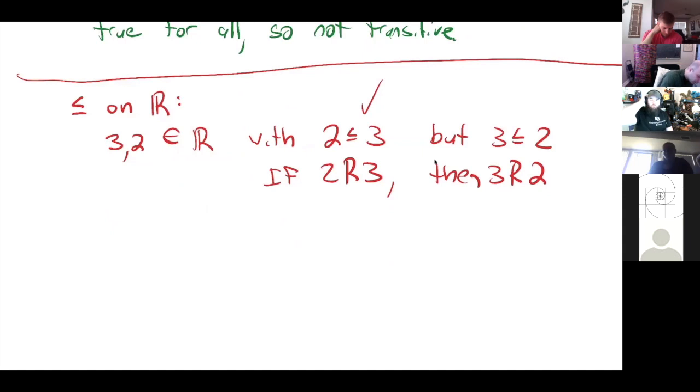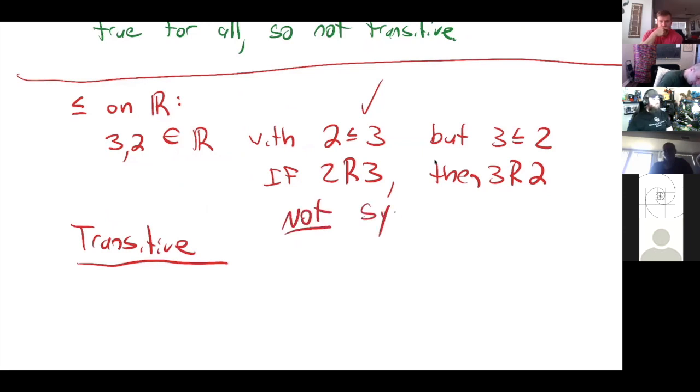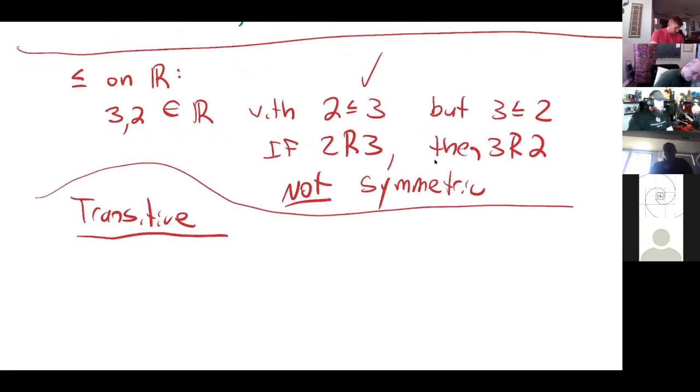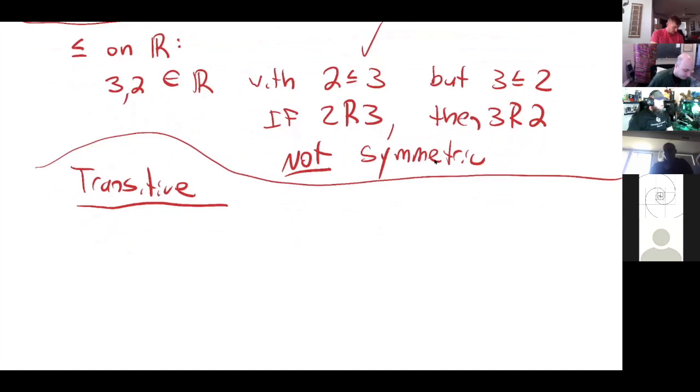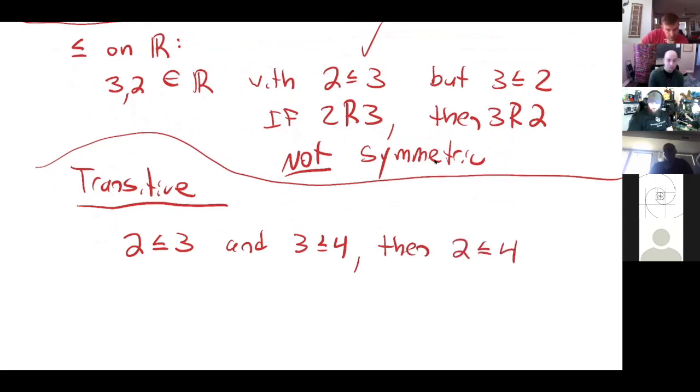Okay, and for the transitive property, right, that's checking things like this. 2 is less than 3, 3 is less than 4, then does it follow that 2 is less than 4?